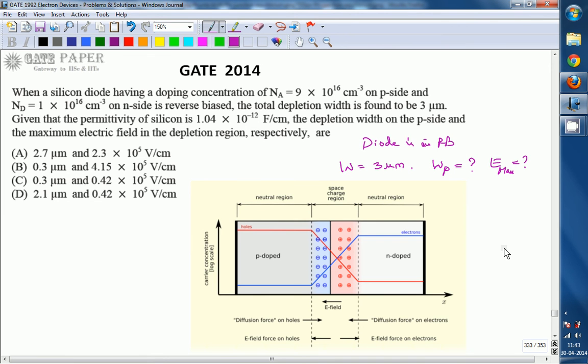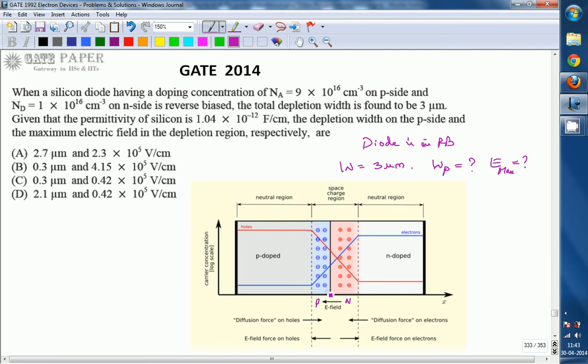A depletion region is going to be formed at the junction, consisting of negative ions on P side and positive ions on N side. So the electric field is always from positive to negative side, that is, always in the direction of N to P, because the N side of the depletion region consists of positive ions and the P side consists of negative ions.